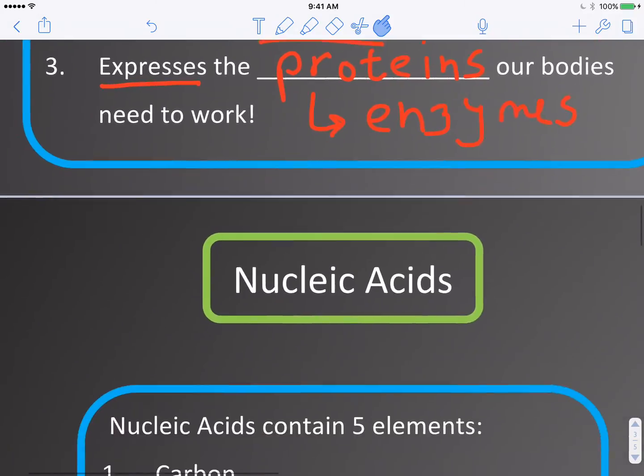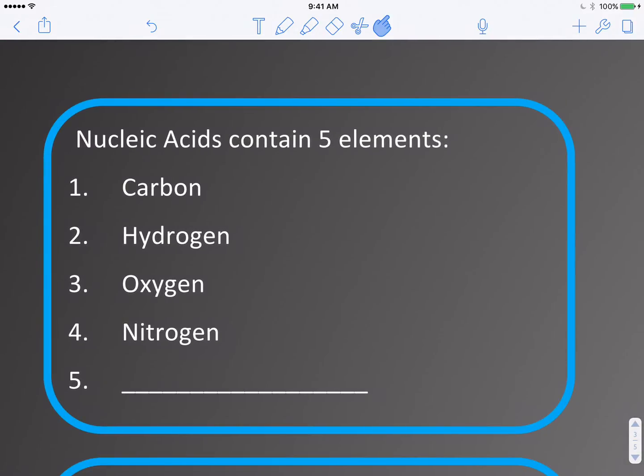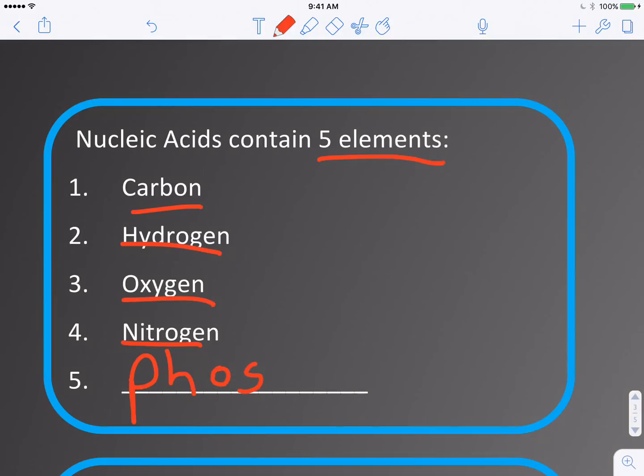Okay, so nucleic acids, they contain five elements. Five elements, okay? There's carbon, there's hydrogen, there's oxygen, there's nitrogen, and now there's also phosphorus. Okay? These should all look familiar to you, right?